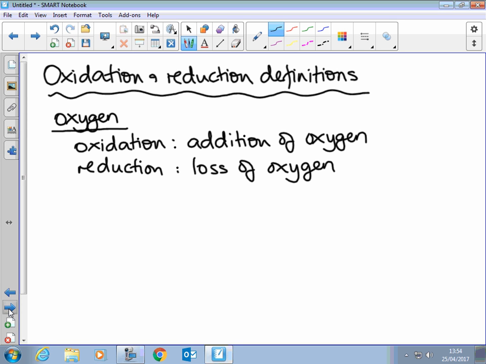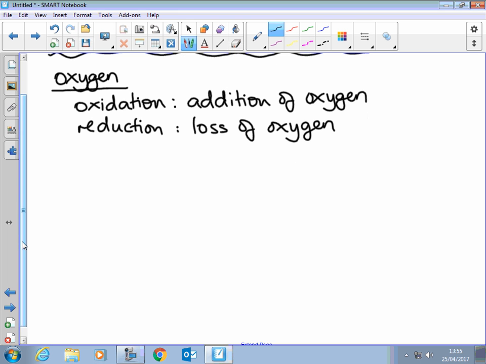All right, now if we wanted some examples, I'm going to use one where we've got both going on very clearly. I think we've met this one before in various roundabout ways: extracting iron from iron ore.